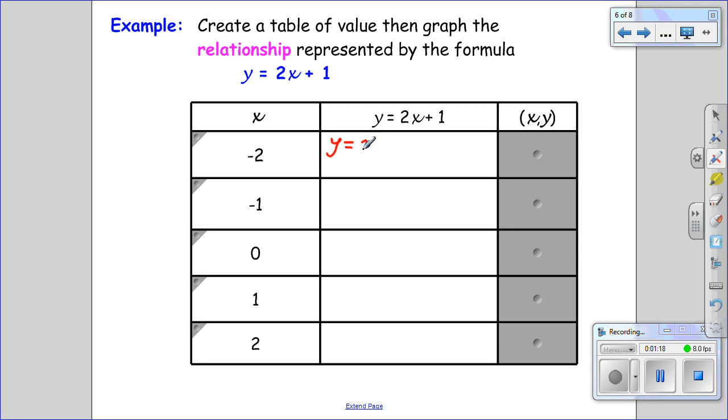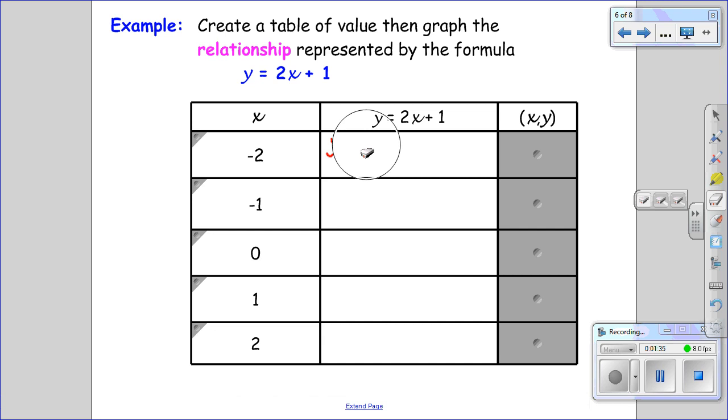Whenever I substitute in, we're going to put brackets for the variable, and then I put the value in, which in this case was -2, and it's 2 times -2, which is -4 plus 1.